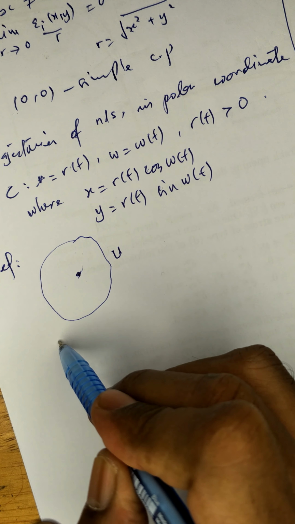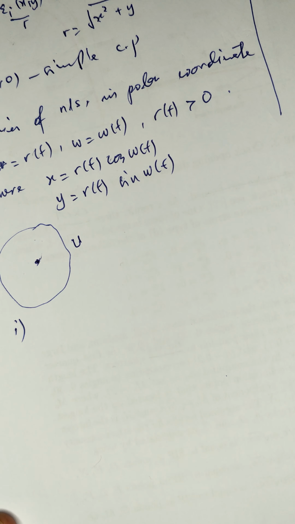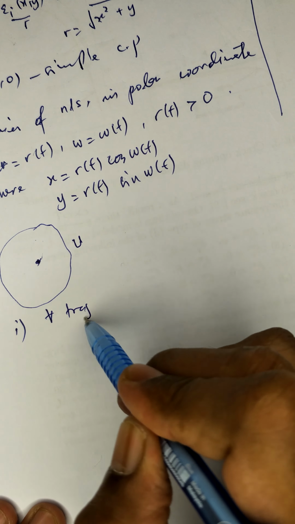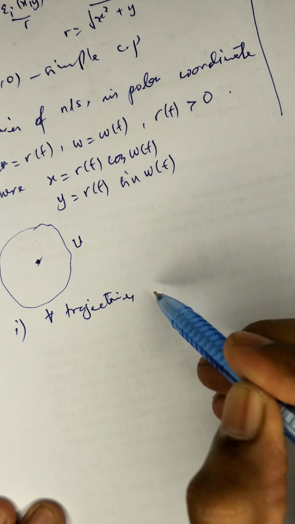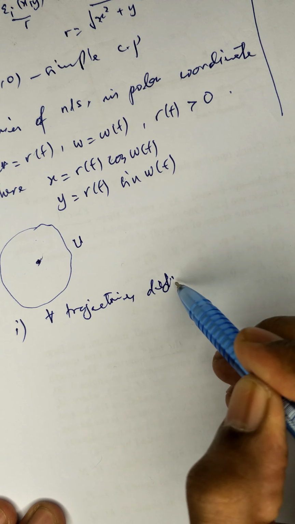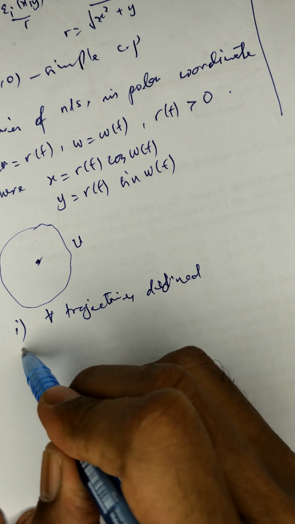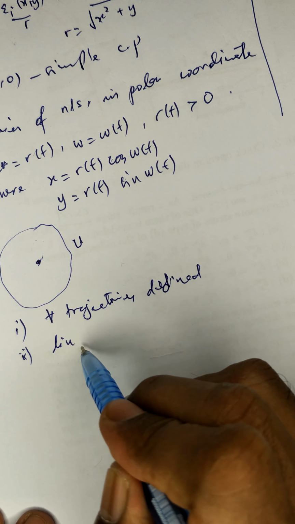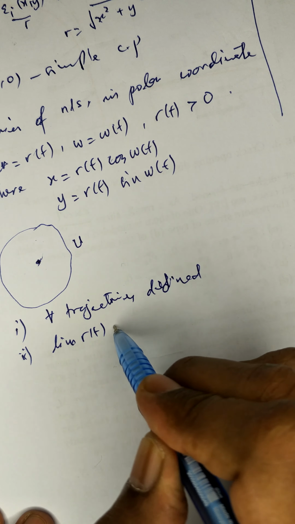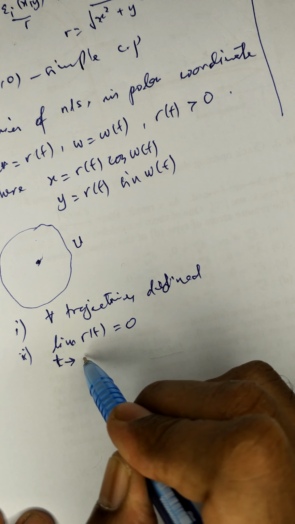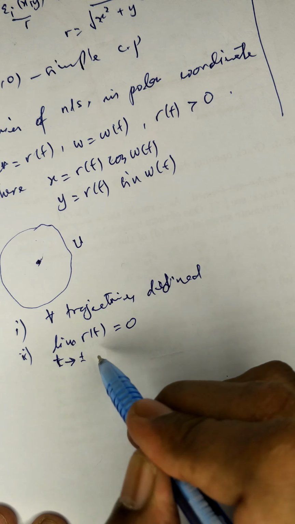we have the condition that the trajectories are defined, all the trajectories defined, when t goes from t naught to infinity, or from minus infinity to t naught, for all t naught, and also we have the limit of r(t) equal to 0 for t goes to plus or minus infinity.